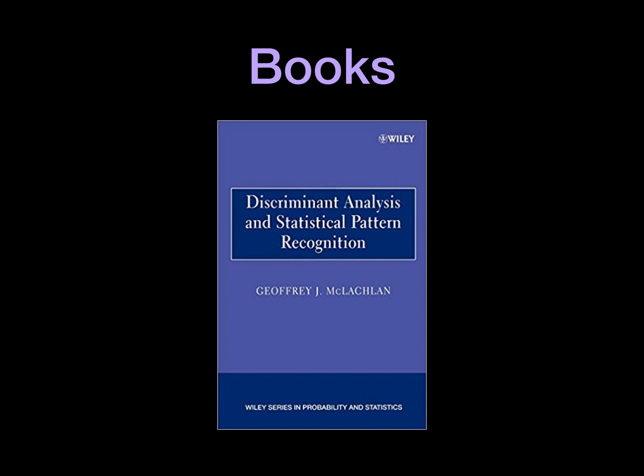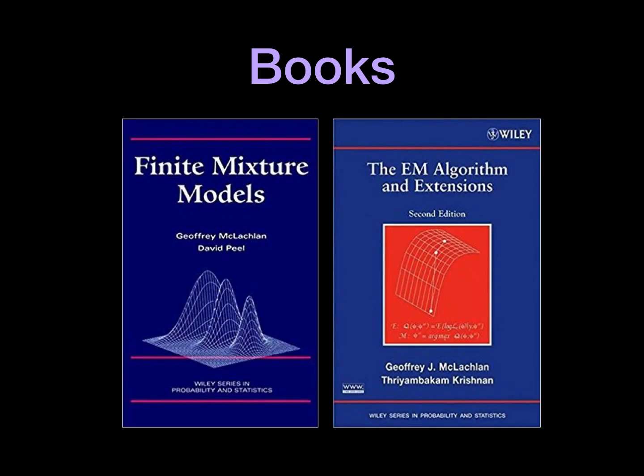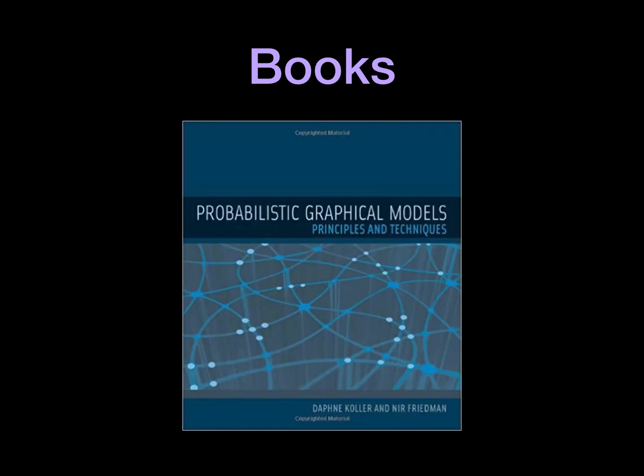When we turn our attention to clustering and unsupervised learning, we will talk about finite mixture models and the EM algorithm, which are covered in detail in these two books. Then with regard to graphical models, I'll be using two excellent books.